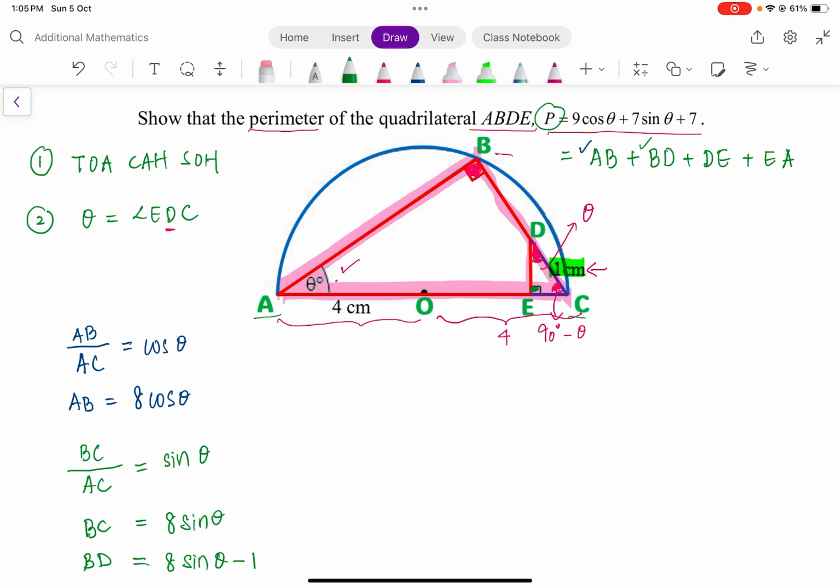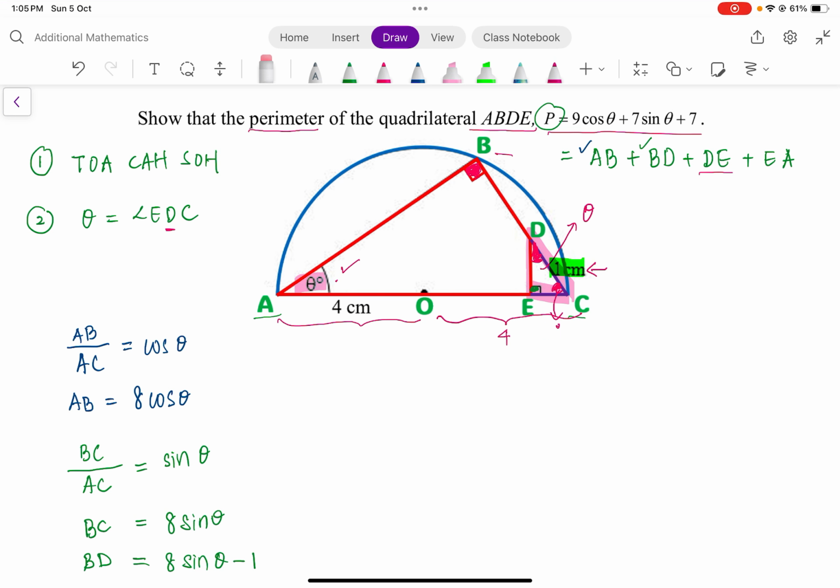All right, so now I want to find DE. If you take a look at DE, it is actually in the small triangle. So I'm going to focus on the small triangle, which means I'm only going to look at this triangle over here.